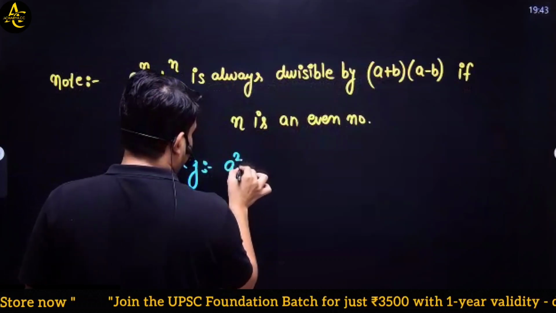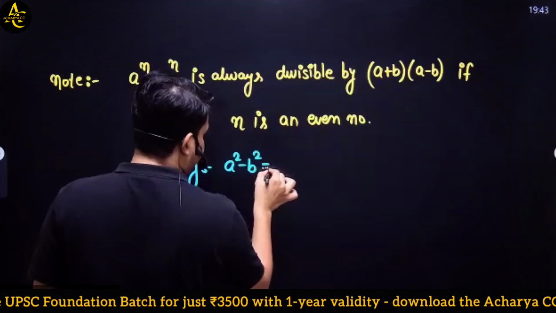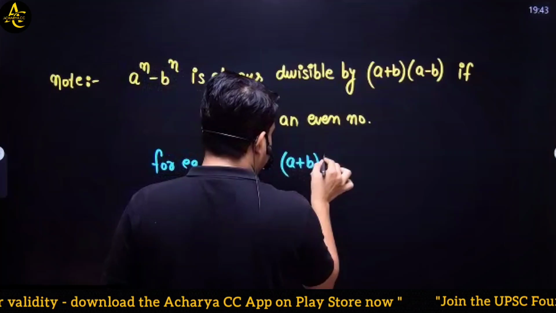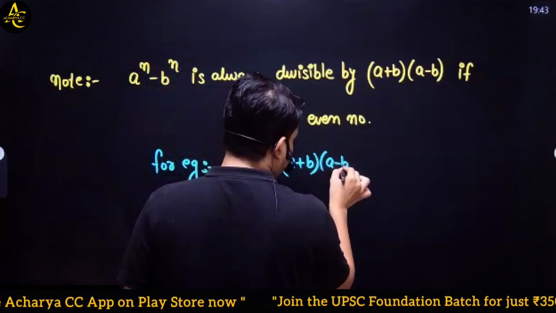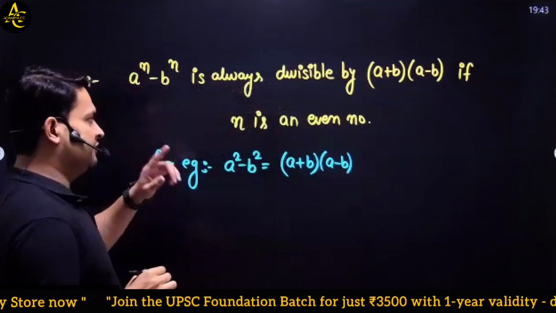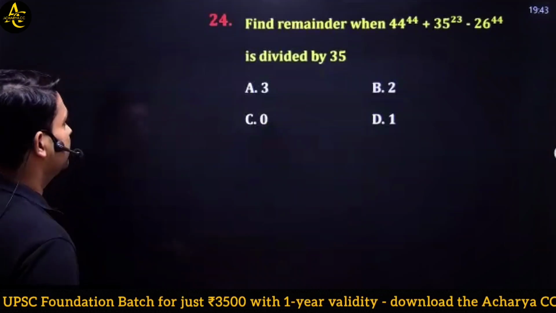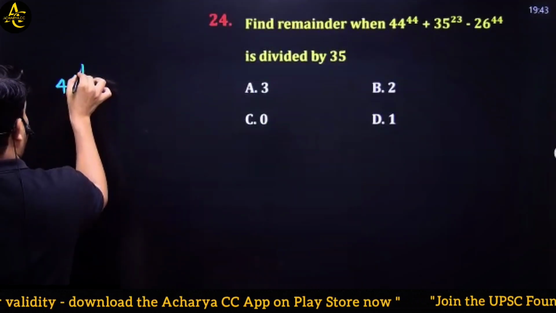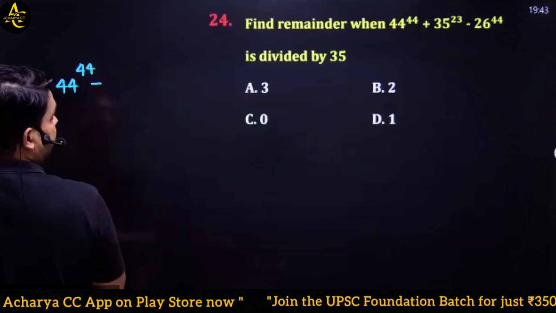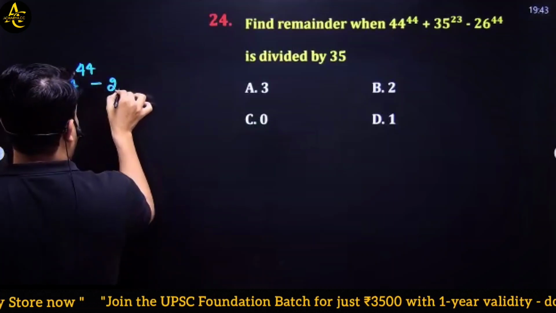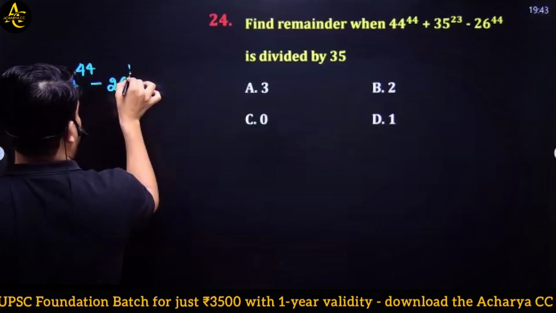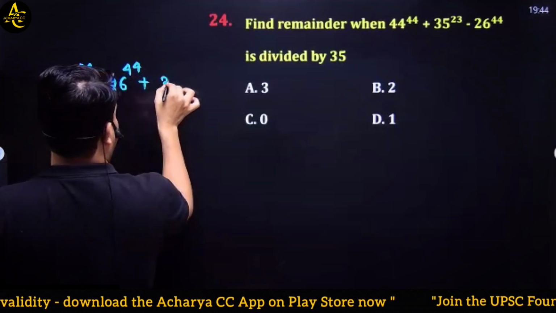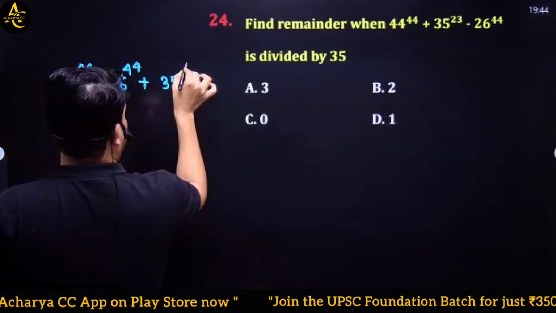a square minus b square. Everyone knows about this identity. It is a plus b and a minus b, so it will be divisible by a plus b and a minus b. So we have 44 to the power 44 minus 26 to the power 44 plus 35 to the power 23.